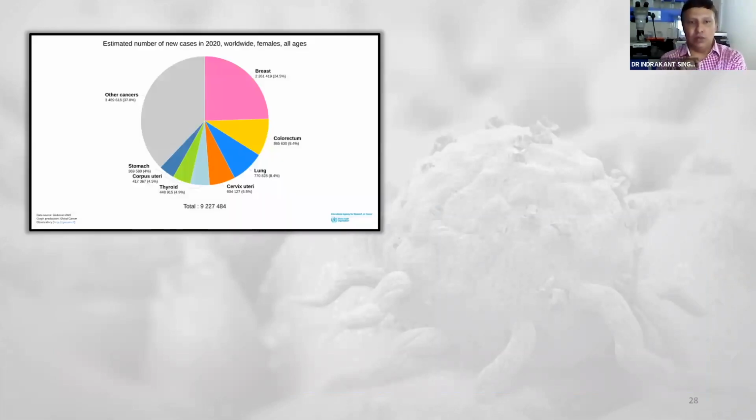Now you can see one more graph here that represents the estimated number of new cases among females worldwide for the year 2020. You can see here breast cancer represents 1 in 4 cancers diagnosed among women globally. Colorectal, lung, cervical, and thyroid cancers are also common among women.